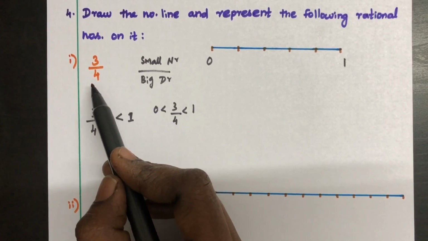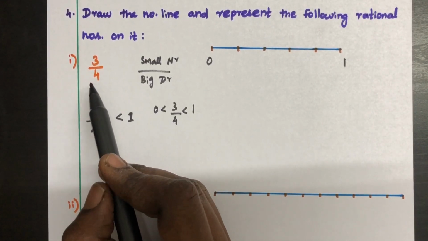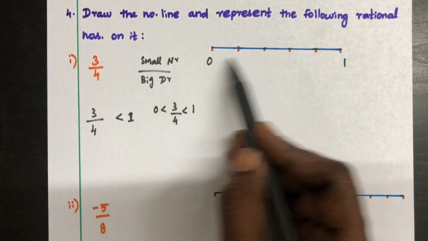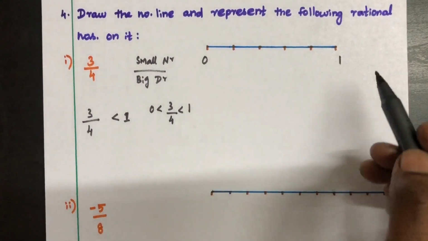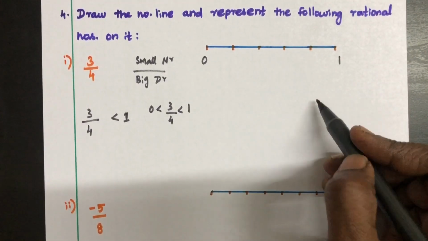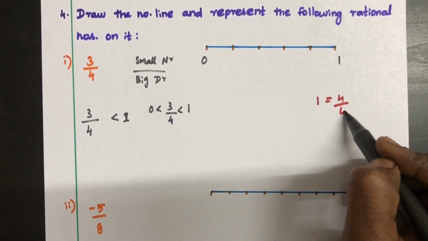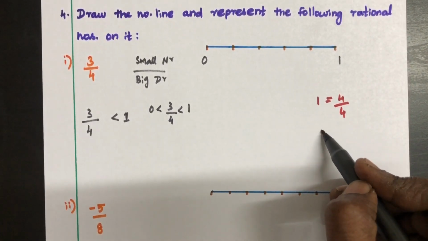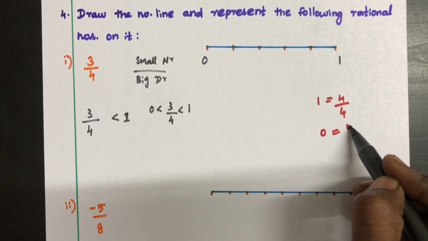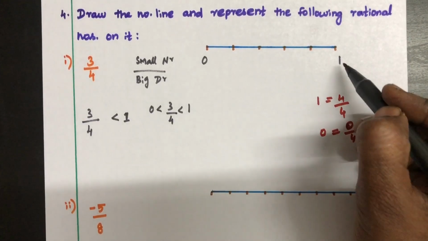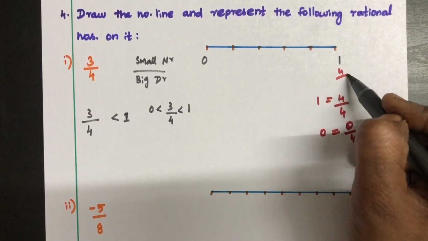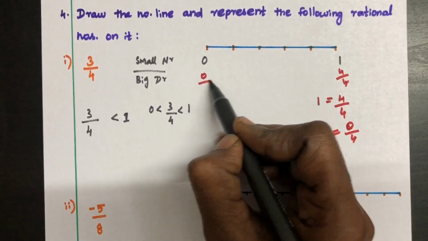See the denominator. The denominator is 4. So we are going to divide the number line into 4. How to do that? Instead of 1, shall we give 4 by 4? Is there anything wrong in that? Nothing, right? So this is 4 by 4 and this is 0 by 4.